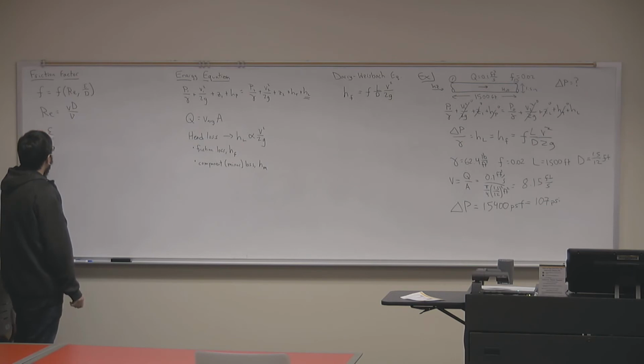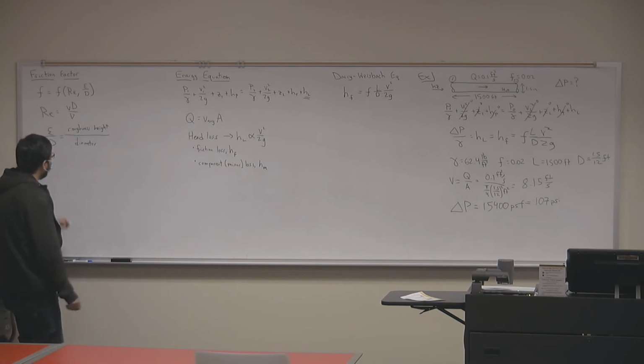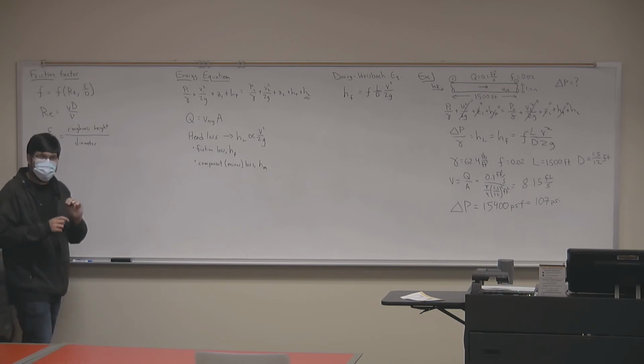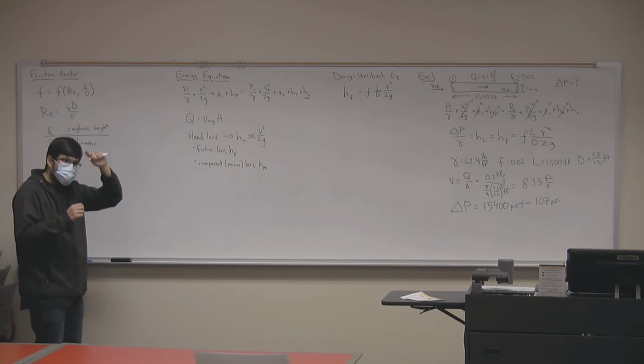This relative roughness is the ratio of the roughness height and the diameter of the pipe.